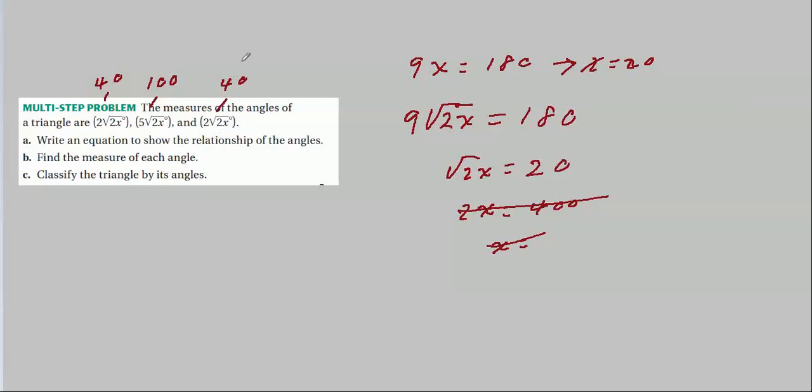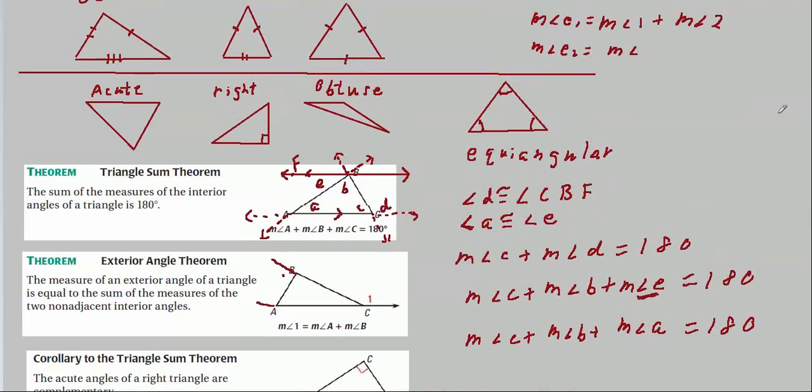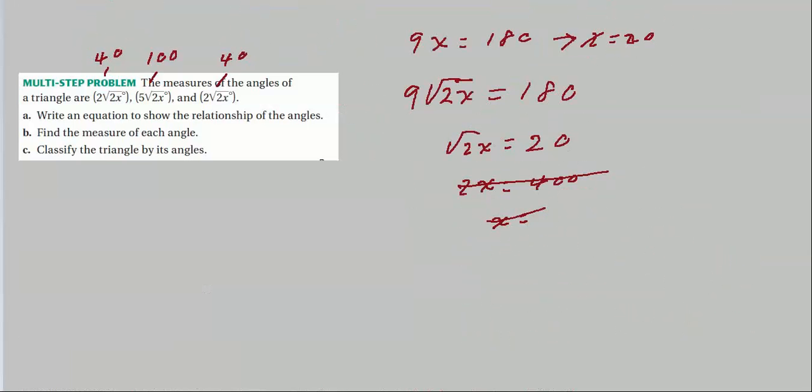We could say it's an obtuse triangle. Yep, because one of these is bigger than 90 degrees. Here are our choices up here by angles. They're acute, right, obtuse, or equiangular. So I would classify this as an obtuse triangle. We're all done.